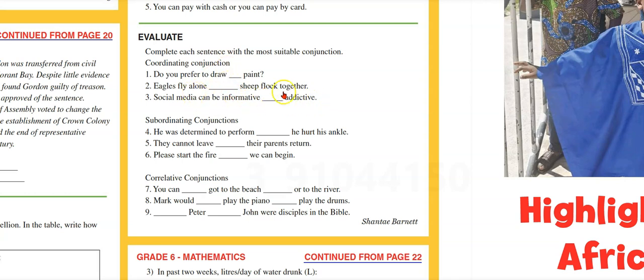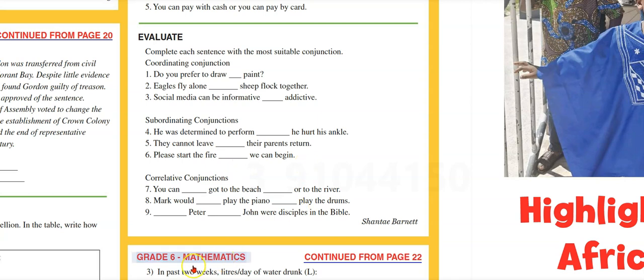Filling in the best ones there. Subordinating conjunctions. He was determined to perform. He hurt his ankle. They cannot leave. Their parents return. Please start the fire. We can begin.